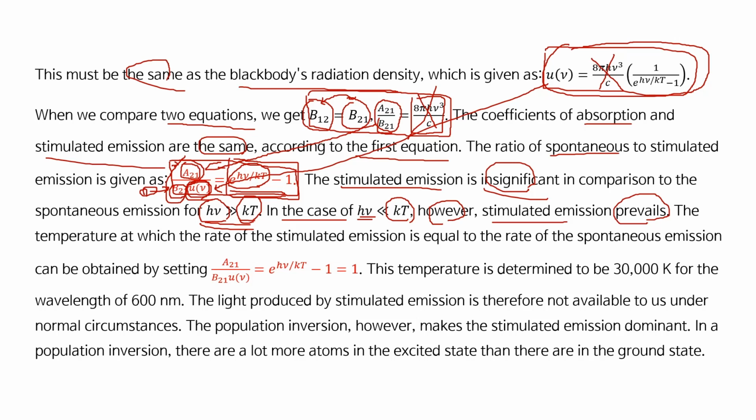So in the low temperature case, the stimulated emission is insignificant. However, in the high temperature case, the stimulated emission prevails. The temperature at which the rate of the stimulated emission is equal to the rate of spontaneous emission can be obtained by setting this equation to 1.